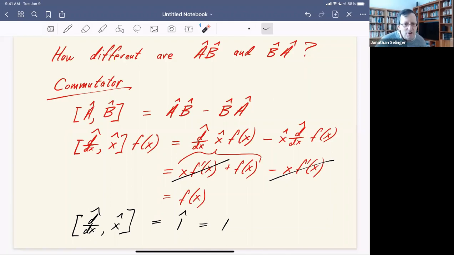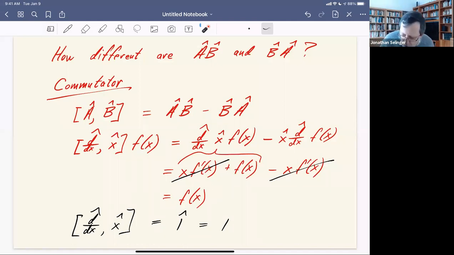This is a place where you really want to let it act on the test function and see what happens.